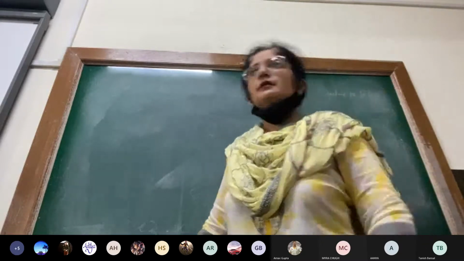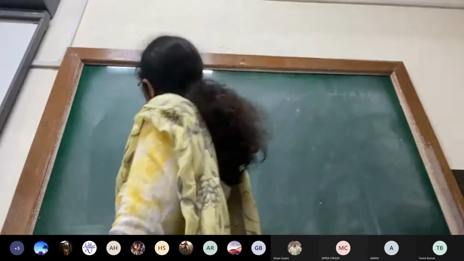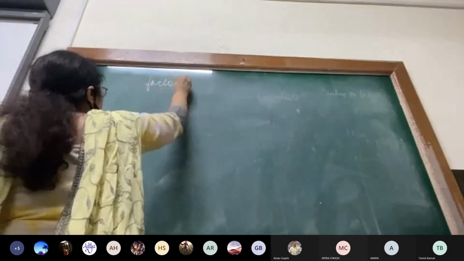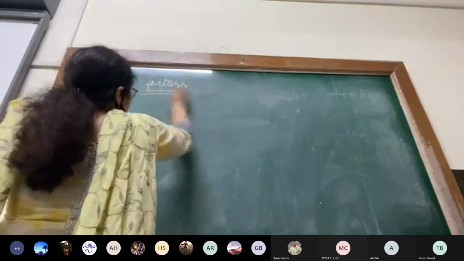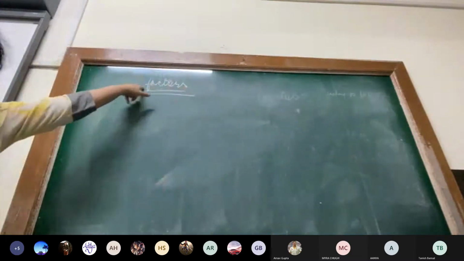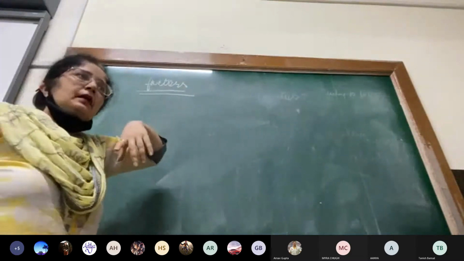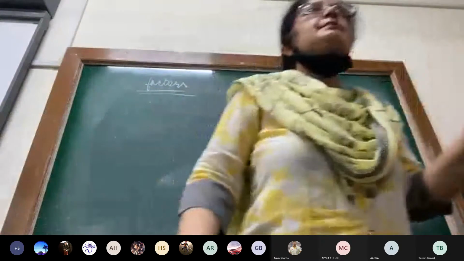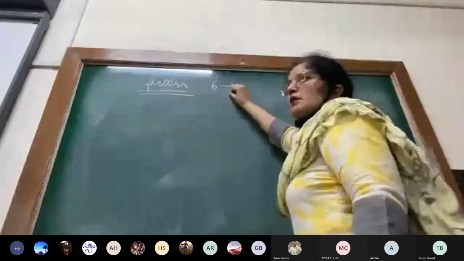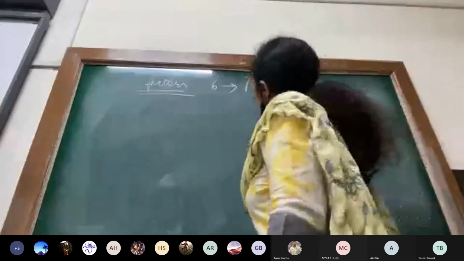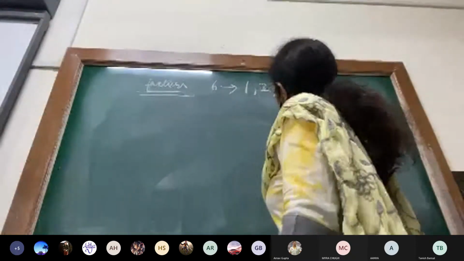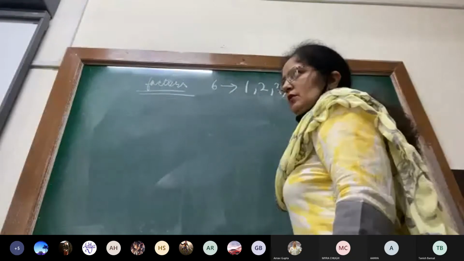In the morning. So over here, let's see factors. Now, if I have to find the factors of a number, the first thing we should know is that any number is a factor of some other number if it is completely divisible by that number. Let's say I have to find the factors of 6. What are they? 1, 2, 3, 6. Okay?